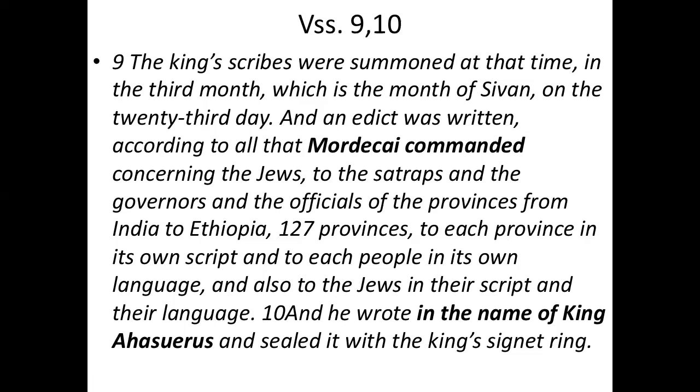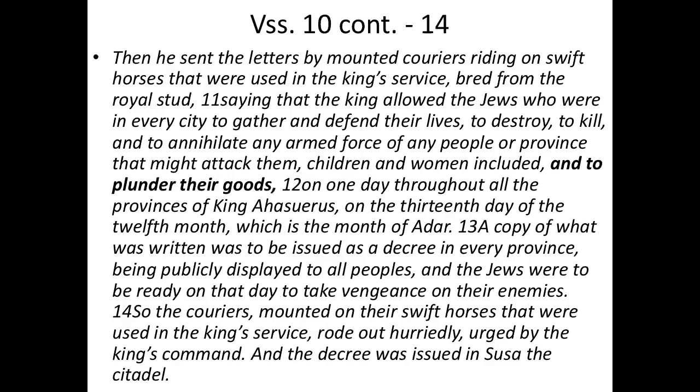And he wrote in the name of the king Ahasuerus and sealed it with the king's signet ring. Then he sent the letters by mounted couriers riding on swift horses that were used in the king's service, bred from a royal stud, saying that the king allowed the Jews who were in every city to gather and defend themselves, to destroy, to kill, and to annihilate any armed force of any people or province that might attack them, children and women included, and to plunder their goods.